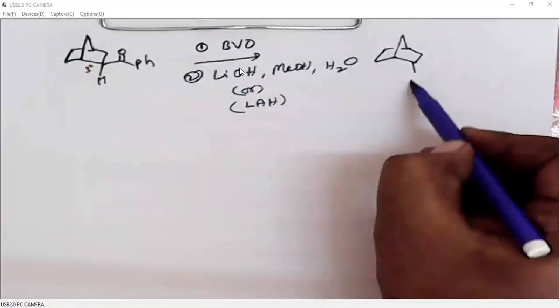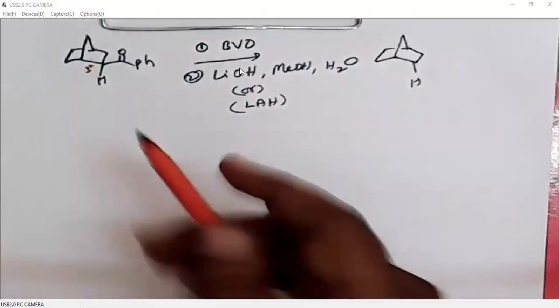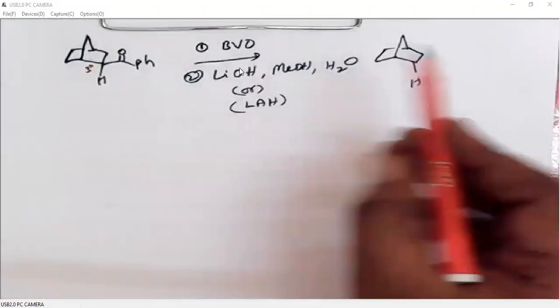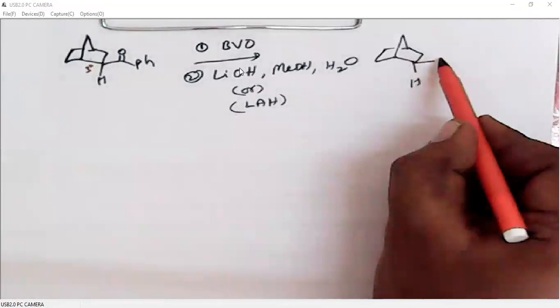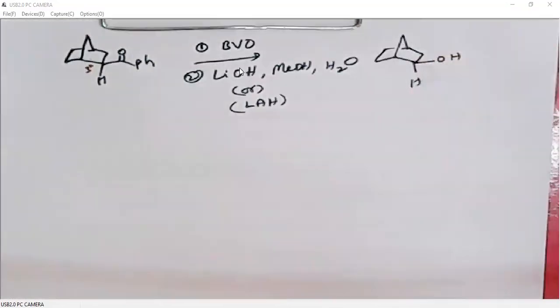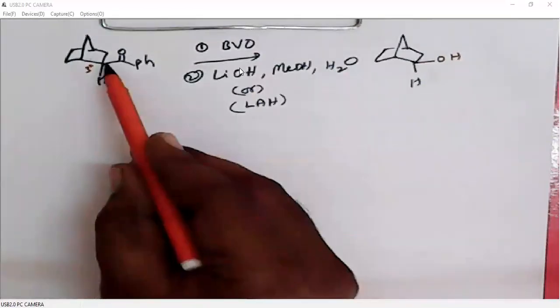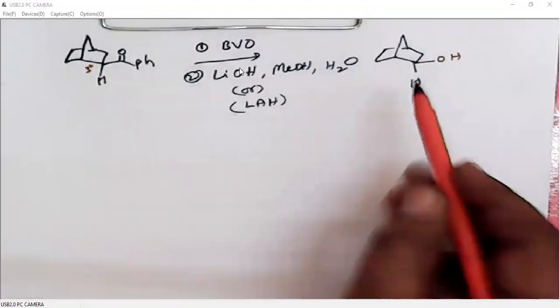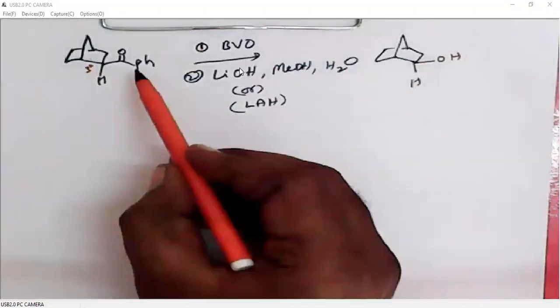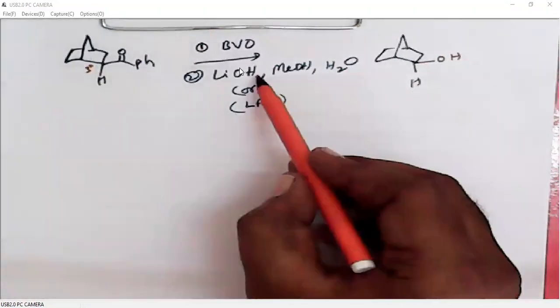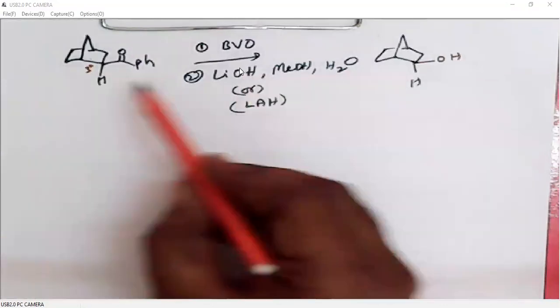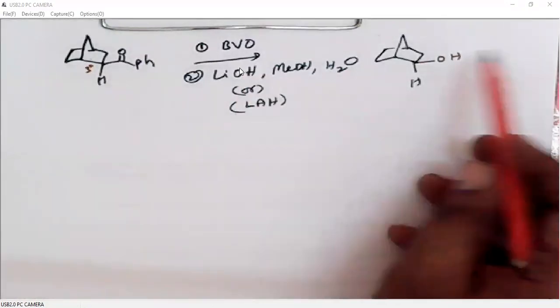It will be like this only, because this carbon migrates, so the OH will be here only. There is no inversion of configuration or change in configuration. So when we hydrolyze an ester under basic conditions, we get an alcohol plus benzoic acid.